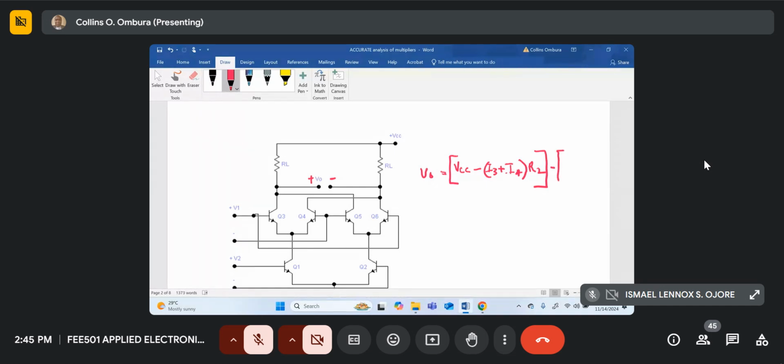Minus, in the second bracket, I'll get VCC minus I4. There won't be space here, so let me just put the second bracket here. Done.